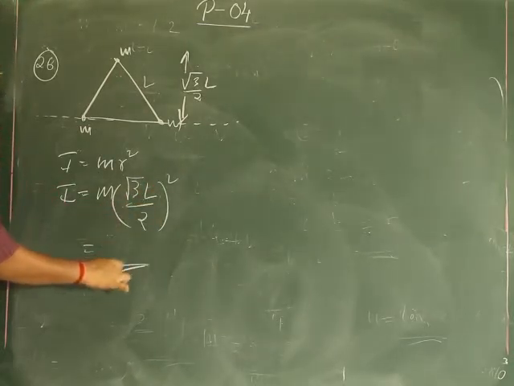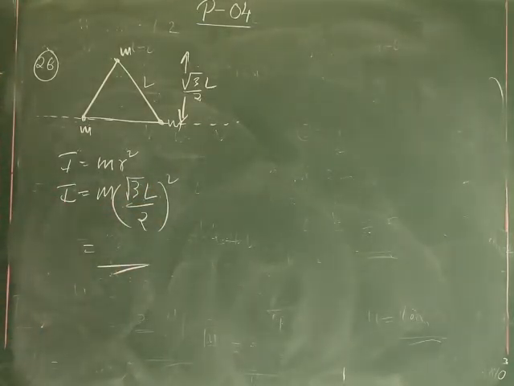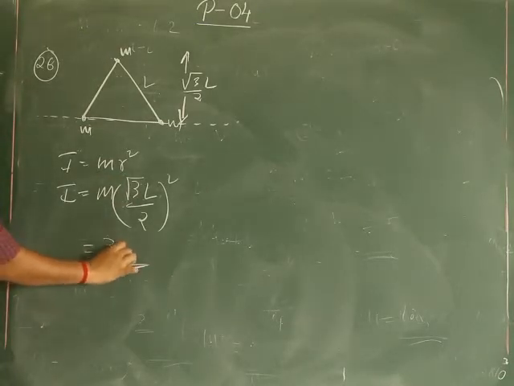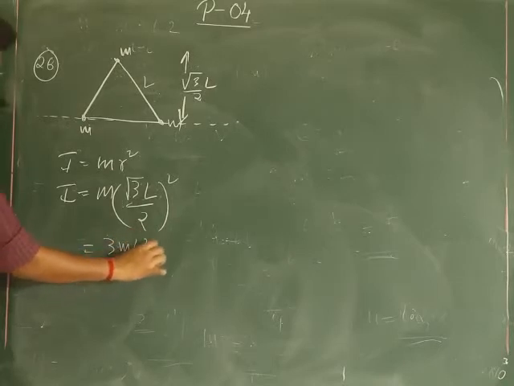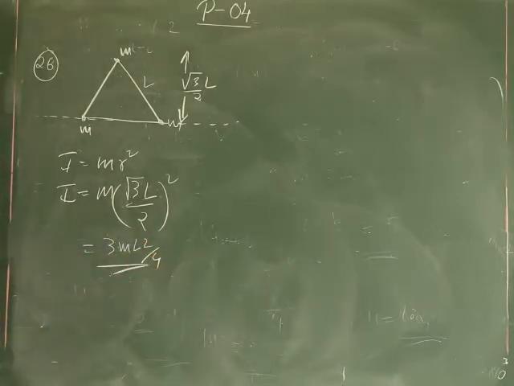So the answer is 3 m L square by 4. Which is the option there? The 26th one, 3 mL square by 4, option B. So the answer is B.